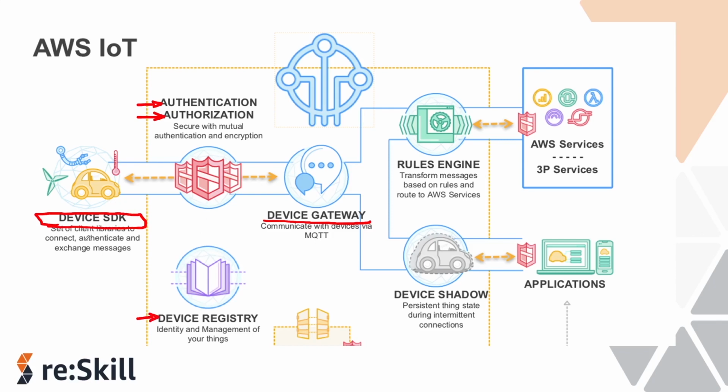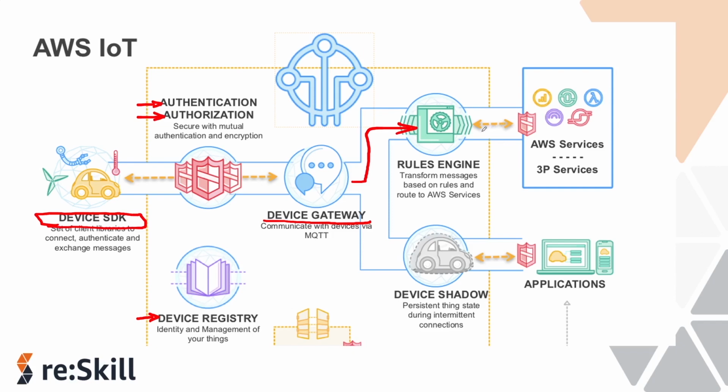Once the data goes to the device gateway, there are a couple of things that can happen. What do we do with the data? Either we forward it to the rules engine. Depending on what rule we have specified, it will either get stored, or be forwarded to other AWS services or third-party services. It can be stored into, let's say, DynamoDB, or it can trigger a Lambda function.